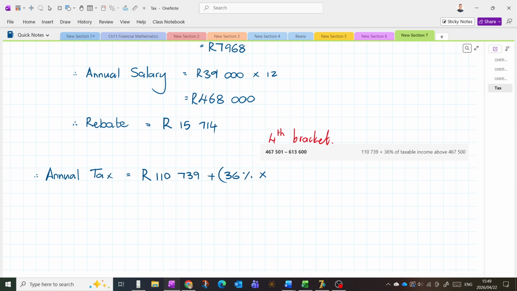So I'm going to take his entire yearly income and I'm going to subtract the bottom range, or the top range actually, from the previous bracket. That's what this is. So 468,000 is what he earns. I'm going to subtract this amount from there to see how much more he earns, because he's only going to pay 36% of that.